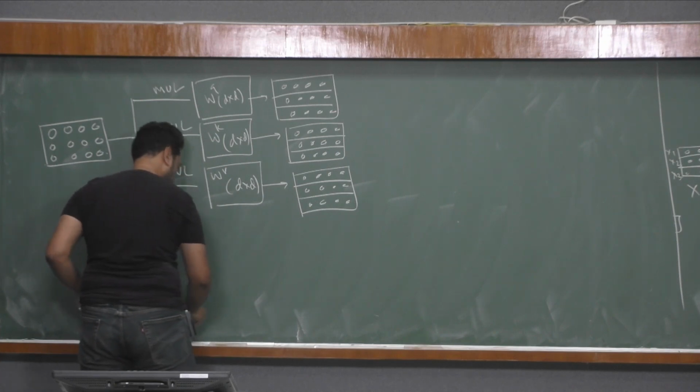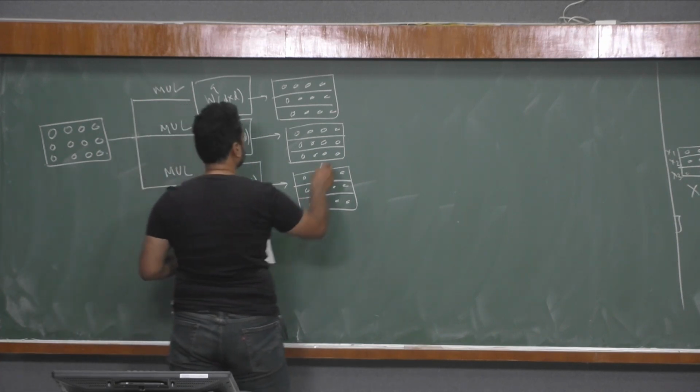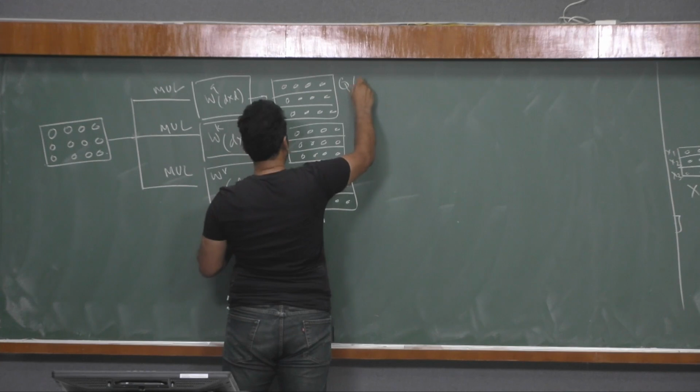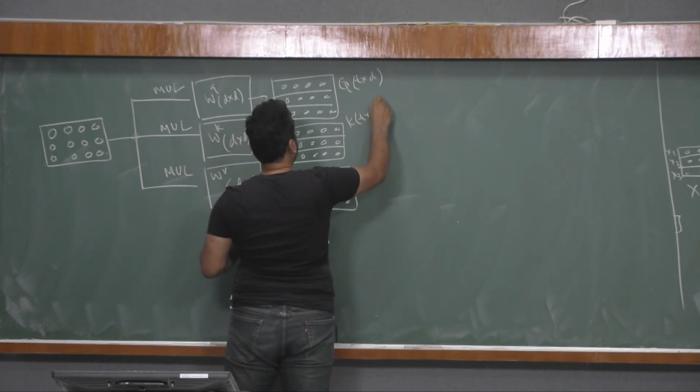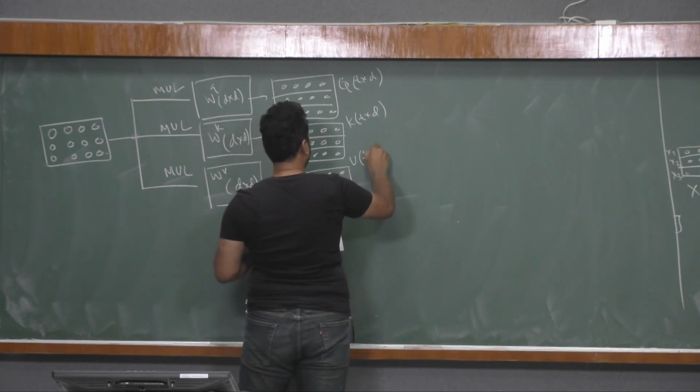So these are the matrices we have: the matrix Q, which is T by D, the matrix K, which is T by D, and the matrix V, which is T by D.